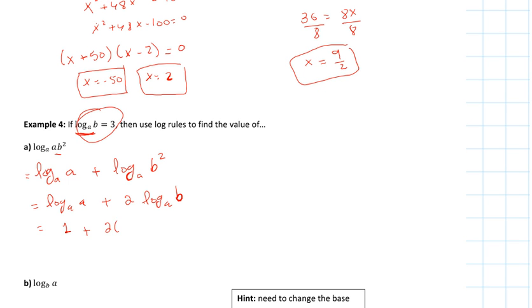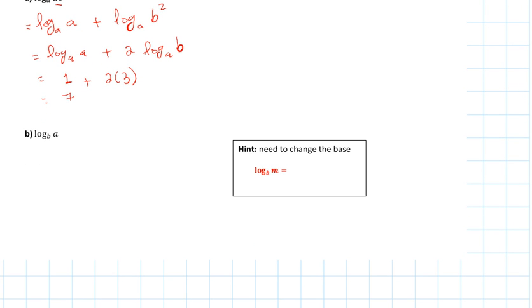So remember that if I have log base b of m, it's the same thing as writing it as log m over log b. So for this one, because it's log base b and I want log base a of b, the other way, I can rewrite this as log base a of a over log base a of b.